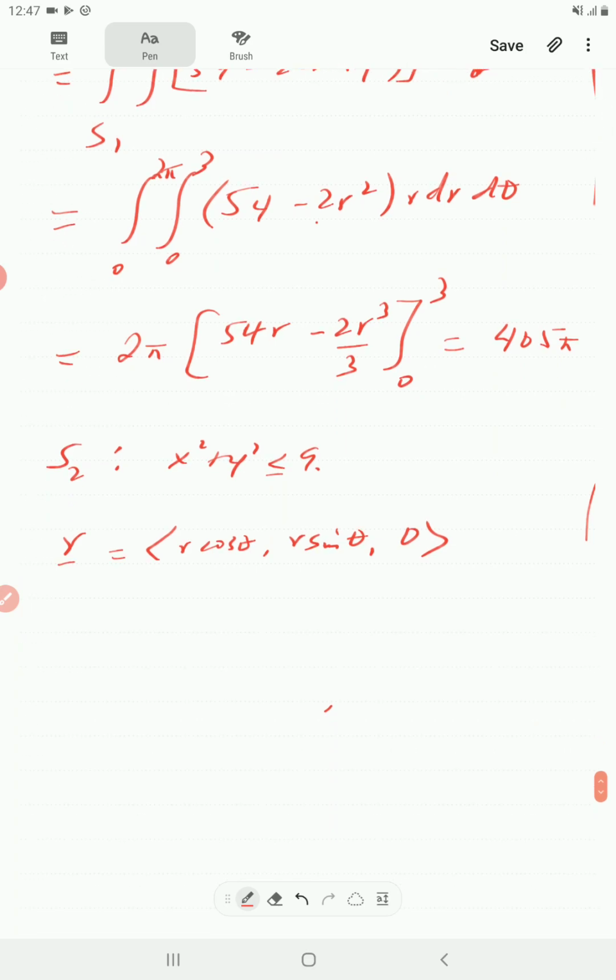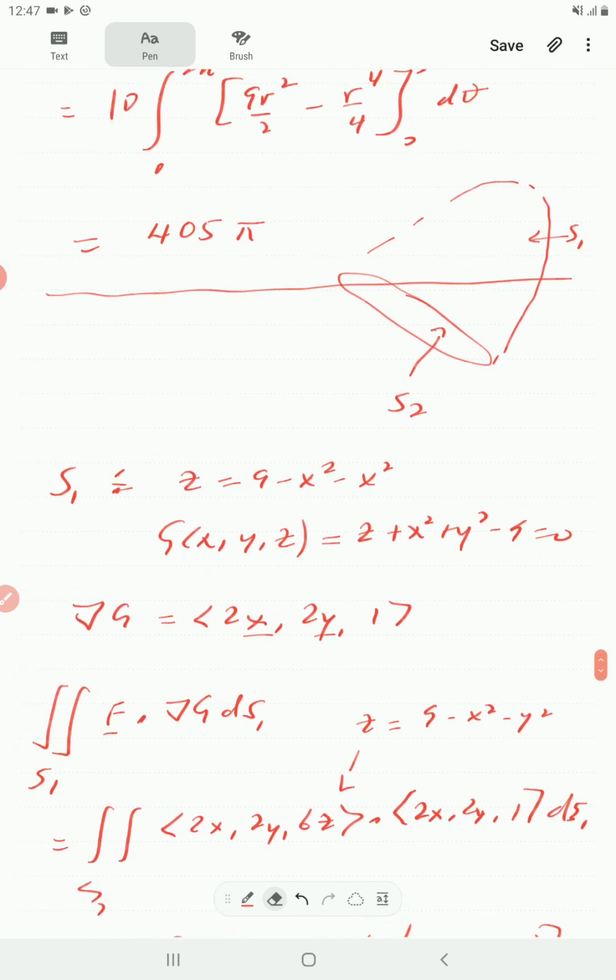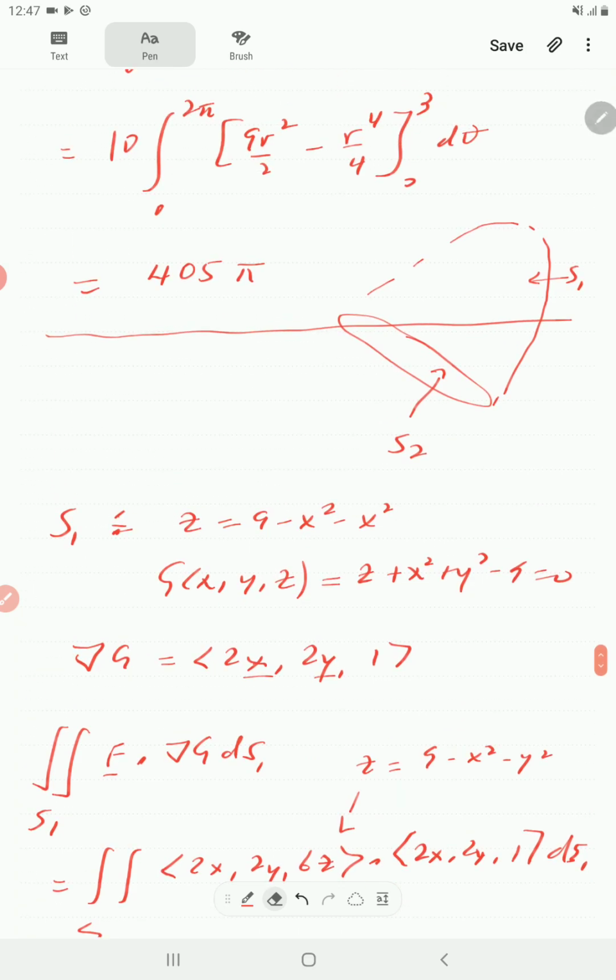The normal vector is going to have to be a downward vector because this is a closed surface. For a closed surface, the normal must be outward.